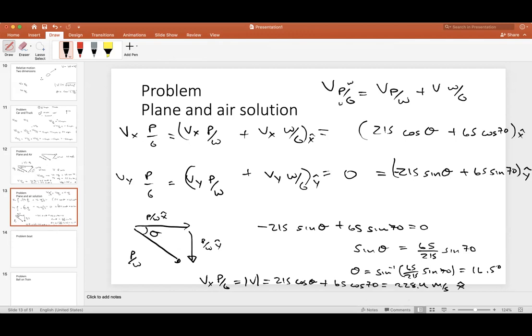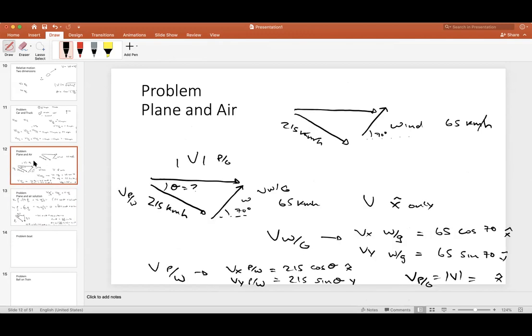So in this problem, and I think there's one in the homework that's the same way, you have to figure out what V of the plane versus the ground is, what V of the wind versus the ground is, and what V of the wind versus the plane is, or their converse.